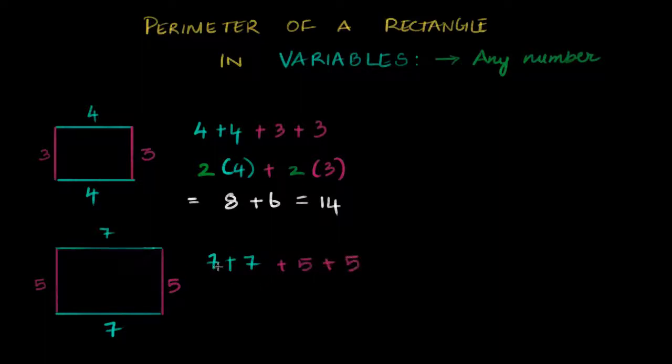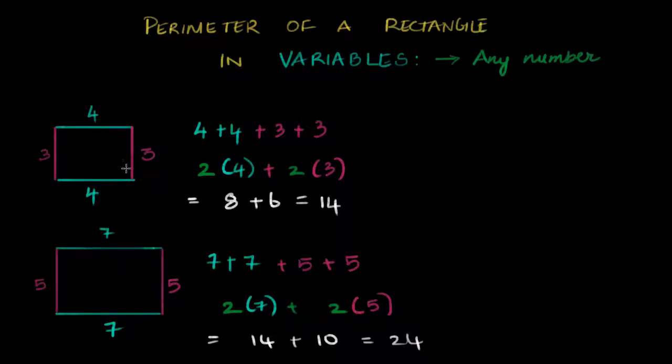So 2 times the length plus 2 times the breadth. That's what I'm doing in all these cases. So here this will be 2 times 7 plus 2 times 5. Now you can find the answer to this one as well. 2 times 7 is 14, plus 2 times 5 is 10, and this is 24. So that's the perimeter of this rectangle.